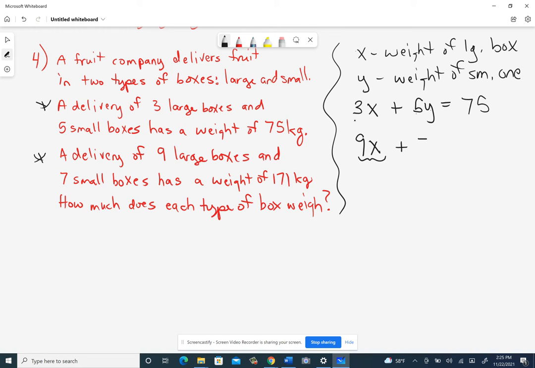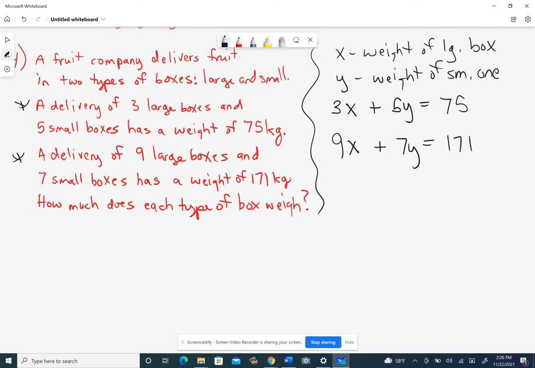And then I've got the weight of all the small boxes, and that's supposed to equal a total of 171 kilograms. Okay. So do you see how it then looks like those equations we were dealing with on the previous page? So now I'm going to wind up trying to solve this. I'm kind of thinking I'll adjust the X so they're opposites. Because see how that's a 9 on the bottom? I can multiply by -3 all the way through on top. Okay.